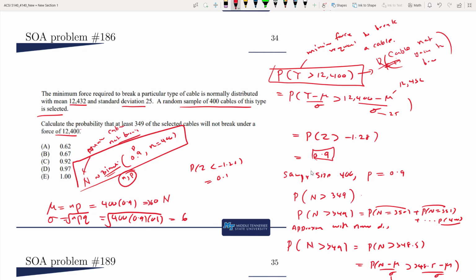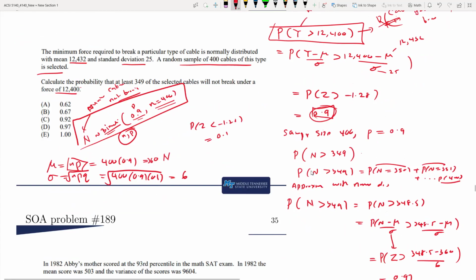So success is not breaking, which is probability of 0.9 when you apply force of 12,400 and you have 400 of those cables. So the average number of cables not breaking is n times p, which is 360. Standard deviation is the square root of n times p times q, which is 6. So you want to know what's the probability it is more than 349.